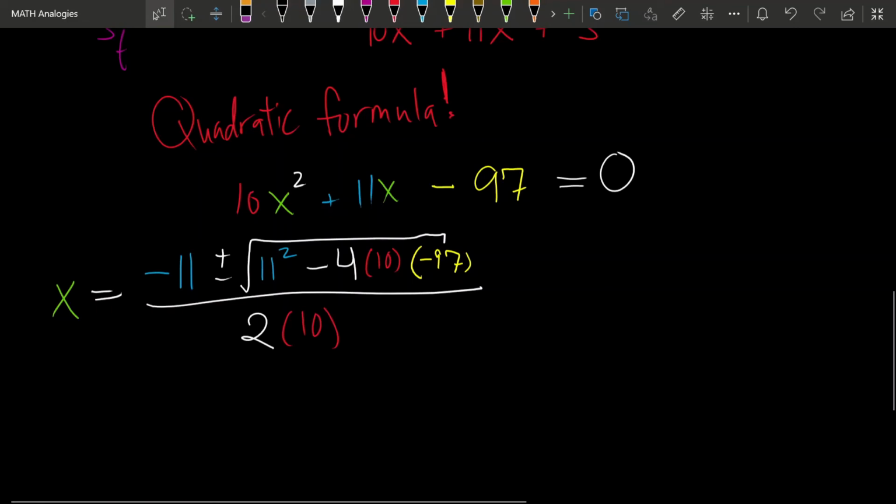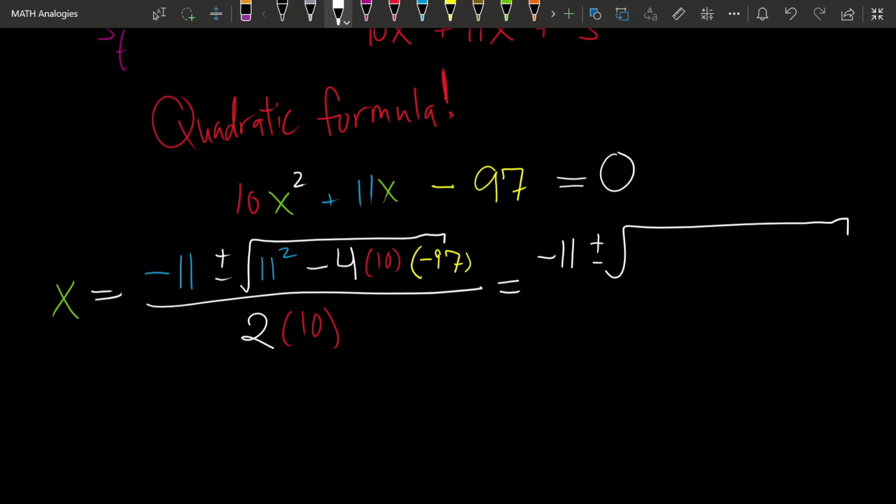And there's 1 or 2 answers here. And let's find out how many. So all we do is simplify all this. We have minus 11 plus or minus the square root of 11 squared is 121. And we can just check that with a calculator if you like. So you'll hear my calculator noises in the background. So confirmed, it's 121.